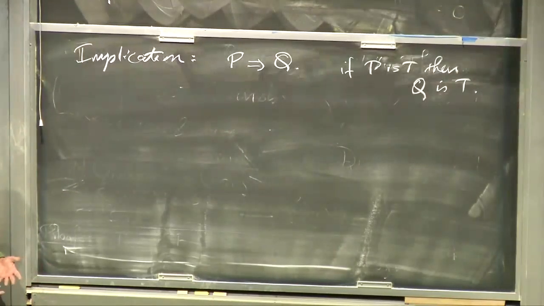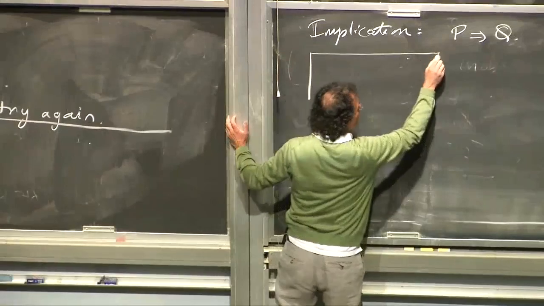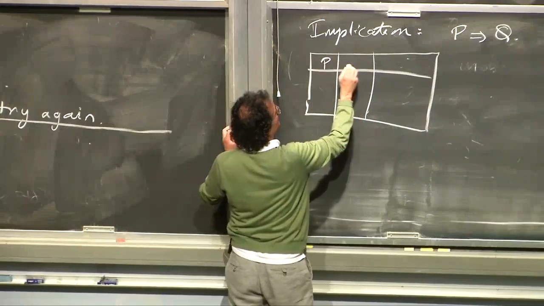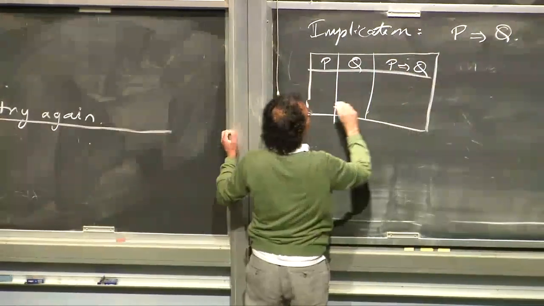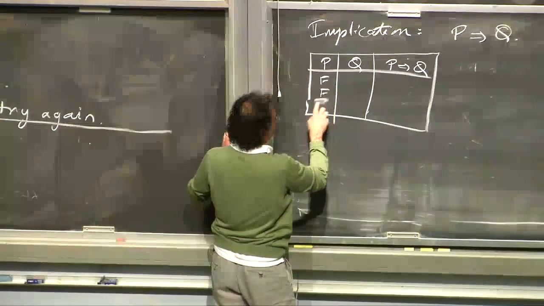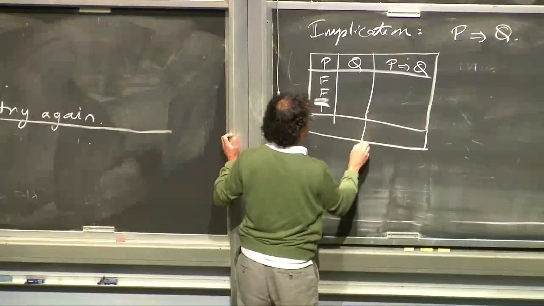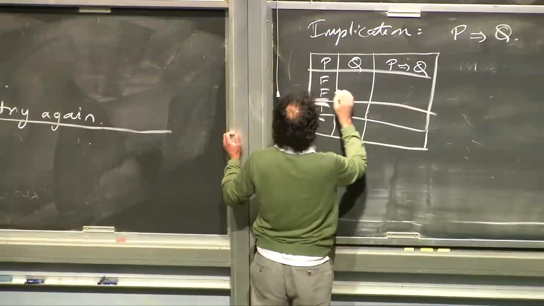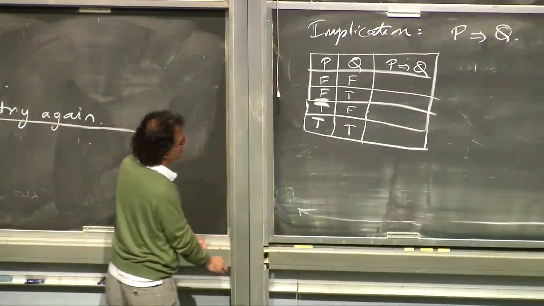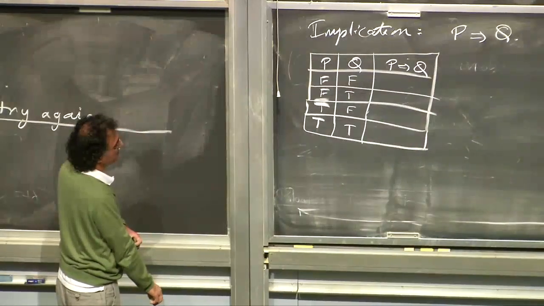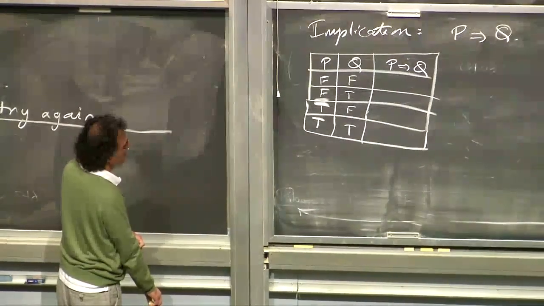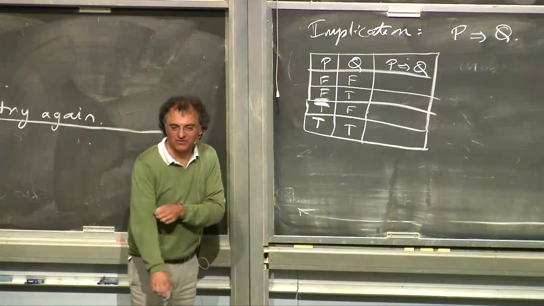Now, let's fill in the truth table for P implies Q and see what it is actually telling us. So here's P, Q, P implies Q. Let me fill it bottom up or in some other order because it'll be easier for you.